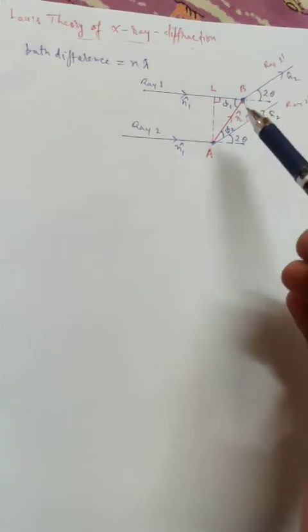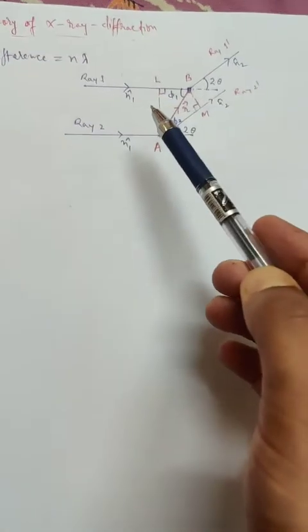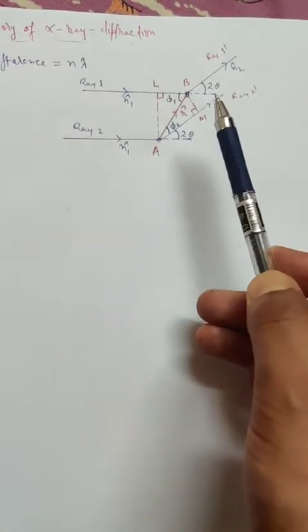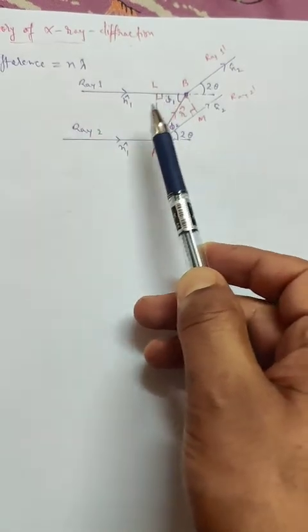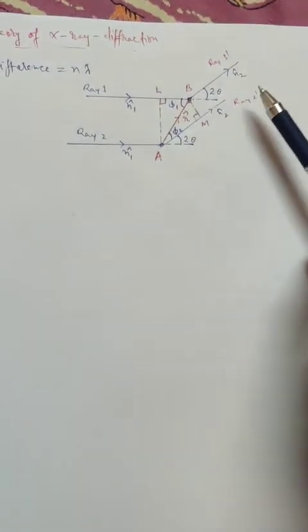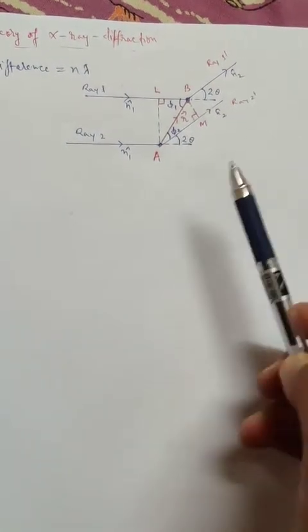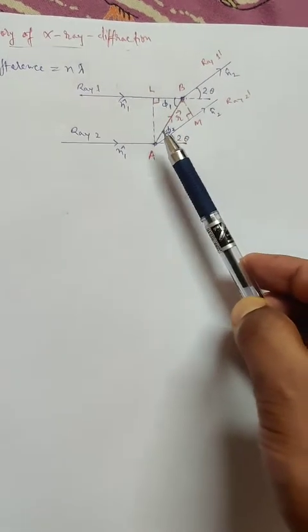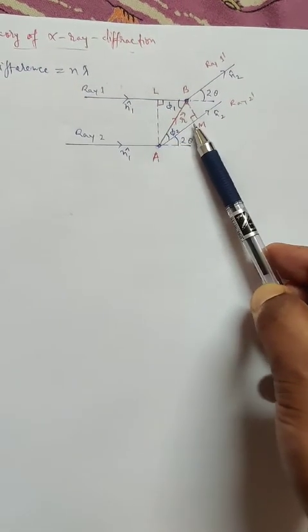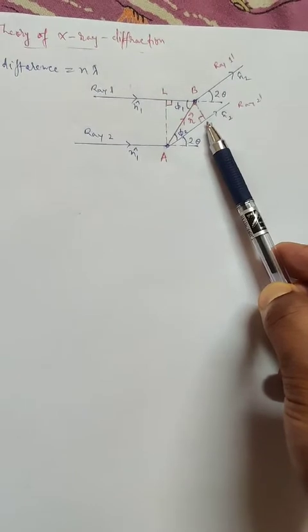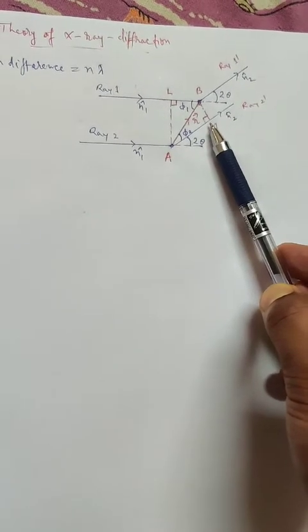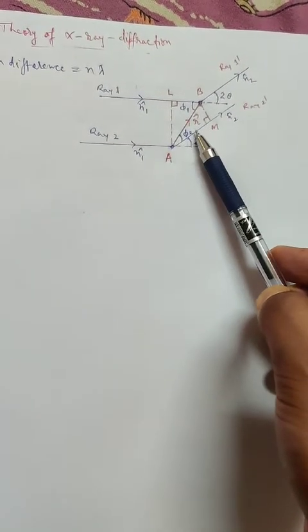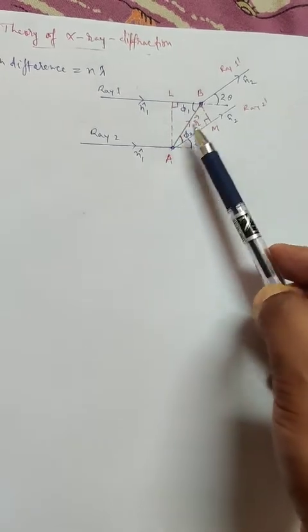Now we have to find out the path difference here. So how will we find the path? The ray from here to here is equal, and from here to here is equal. Now the path difference will be this. Suppose this is delta 2 and this is delta 1. By subtracting this and this, we will get the path difference.